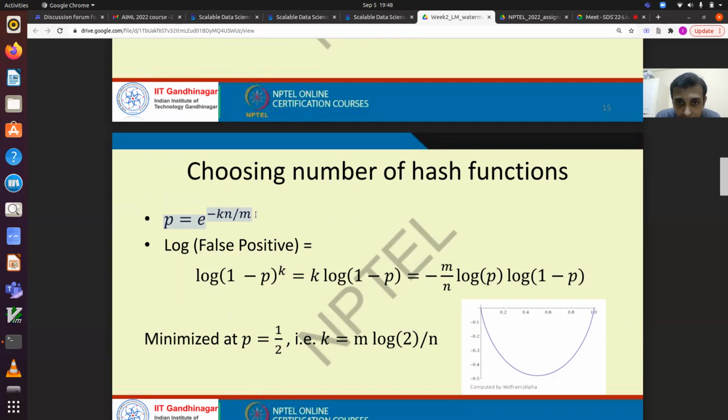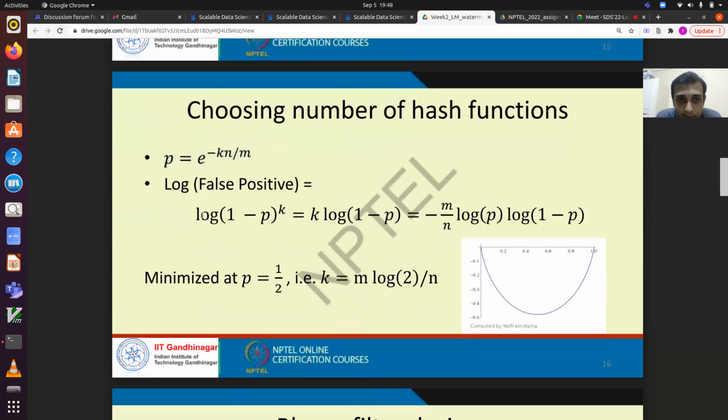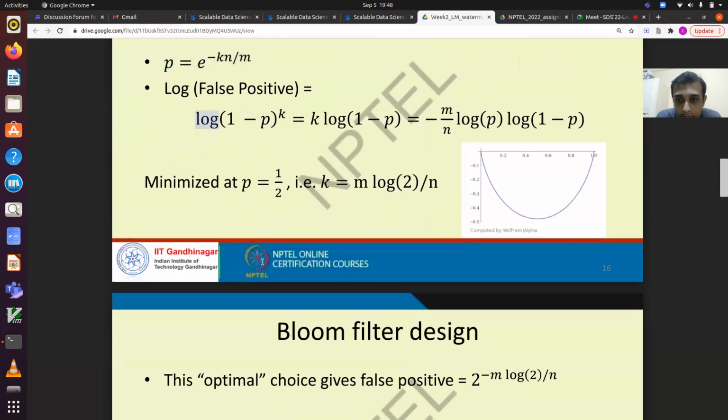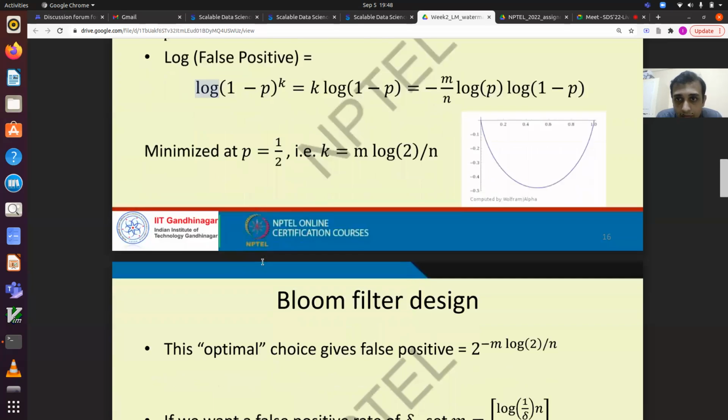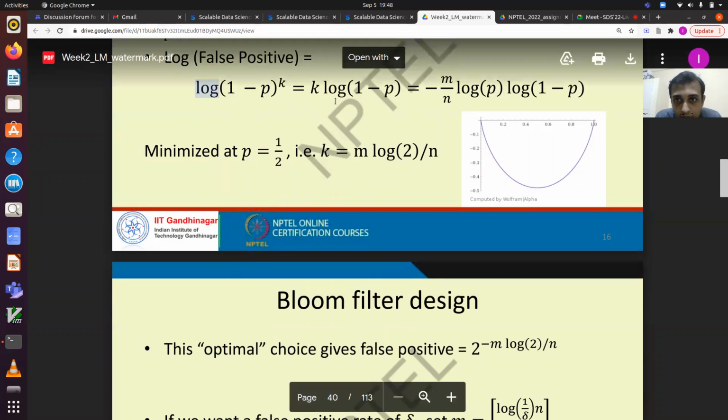Sir, what about this question? This will come in the paper. So this is settled: this is natural log, and this is natural log square 2.